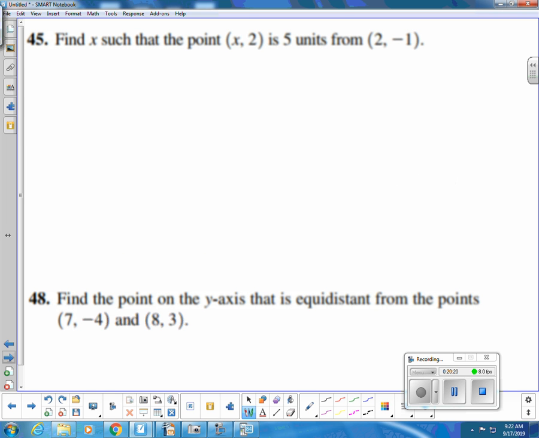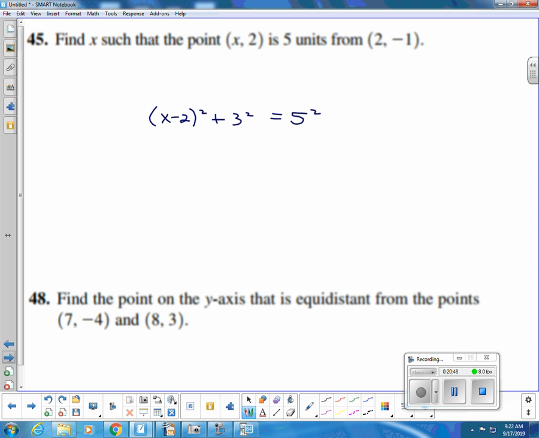Okay, find x such that the point (x, 2) is 5 units from (2, -1). So the distance formula says you find the difference in the x's squared plus the difference in the y's squared should equal the distance squared. So subtract your x's, squared, plus subtract your y's. Remember, subtracting just means how far apart are they.